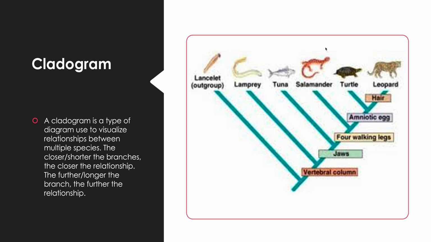Out of these 6 individuals, the turtle is most related to the leopard because it has all the same features except for hair. In your assignment, I'll give you an image and I'll ask you about who is most related, who is least related, and you might have to tell me why.